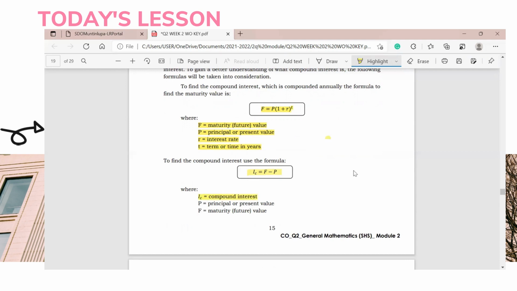When we say I sub S, that is the simple interest, while I sub C is compound interest. Remember that. P is still the principal or present value, and F is the maturity value or what we say future value.